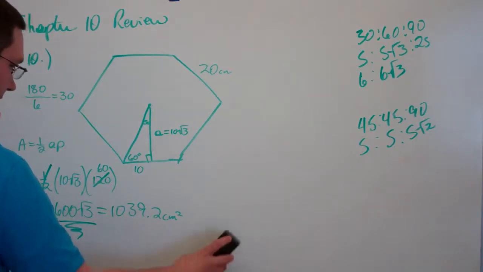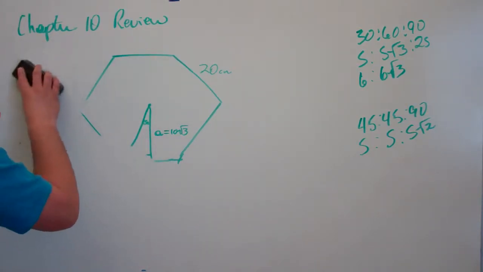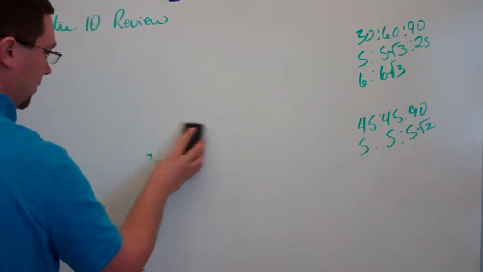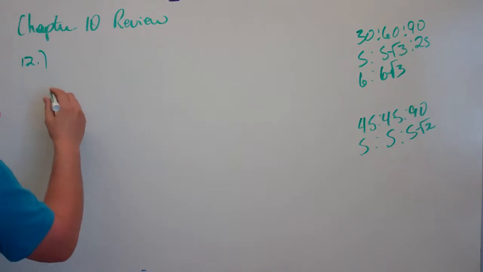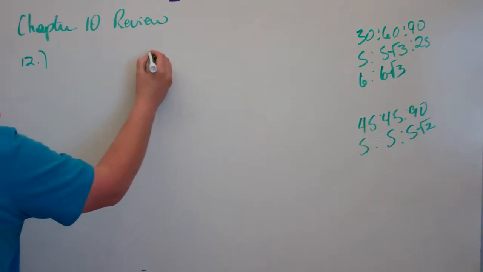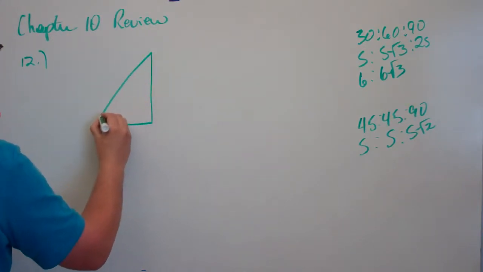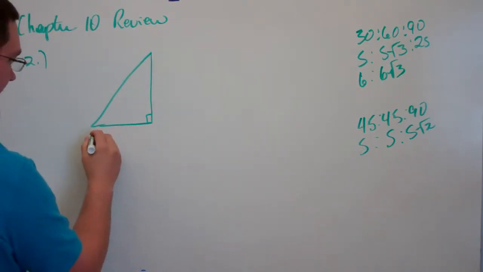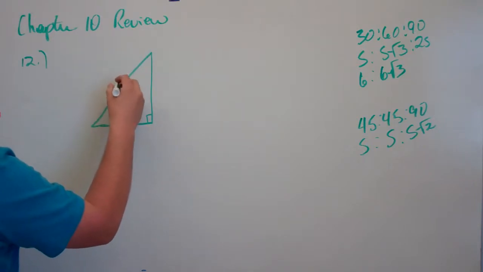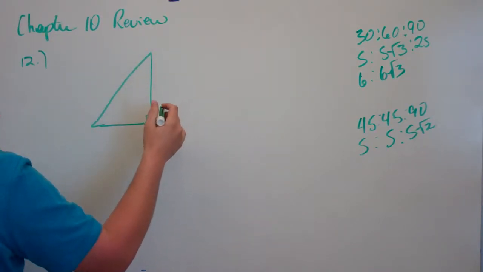Alright, let's look at 12. 12, we have a hexagon. I'm not going to draw out the whole hexagon because basically it all boils down to this right triangle. This is half your side length, this is your radius, and this is your apothem.